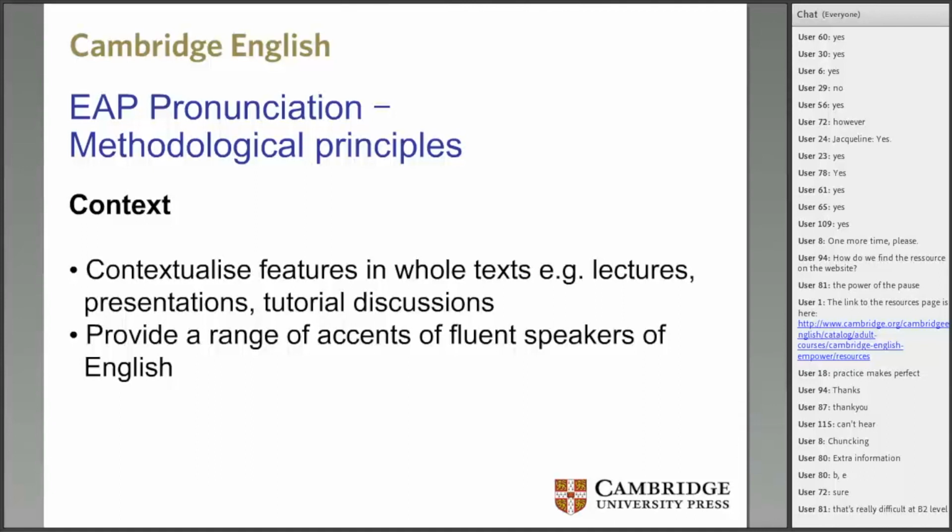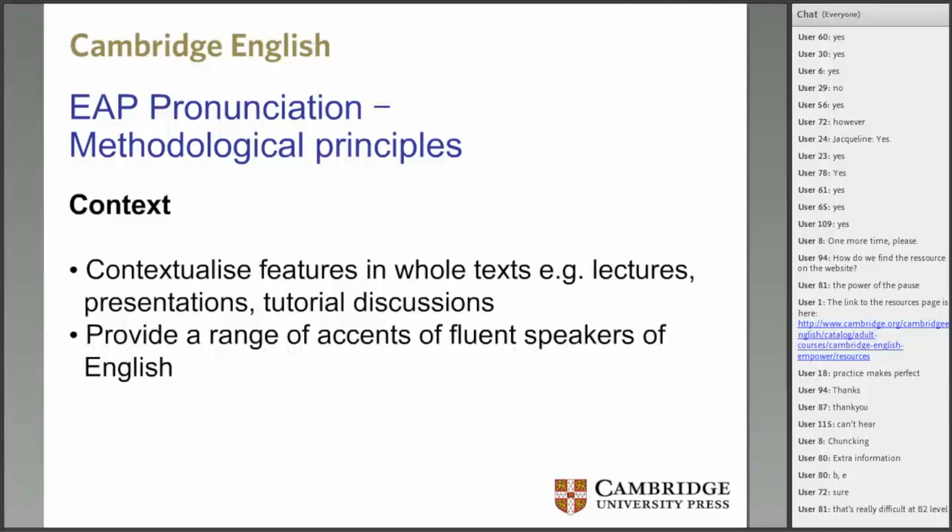So to look at the general principles here, clearly to focus on pronunciation, we want to start with a context of some kind, and it makes sense to actually have an EAP context, like a lecture or a presentation or a tutorial discussion. Ideally, we want to also provide a range of accents of fluent speakers of English.